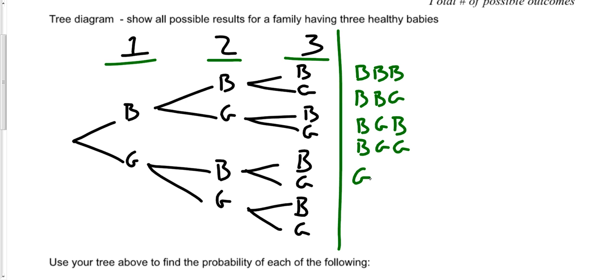Or I could have a girl first and then go girl, boy, boy, or go girl, boy, girl, or I could go girl, girl, boy, or you could have girl, girl, girl. Okay? So your 3 healthy babies, all the possibilities for them are listed there. So in total, there's 1, 2, 3, 4, 5, 6, 7, 8 total possible outcomes.